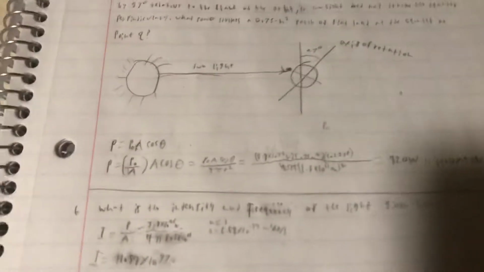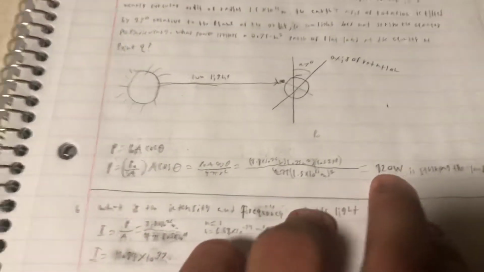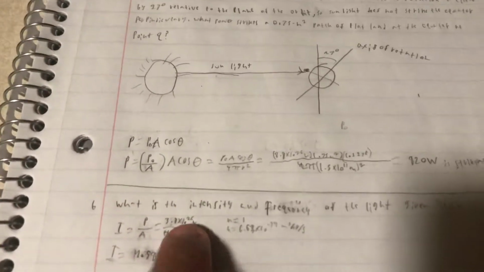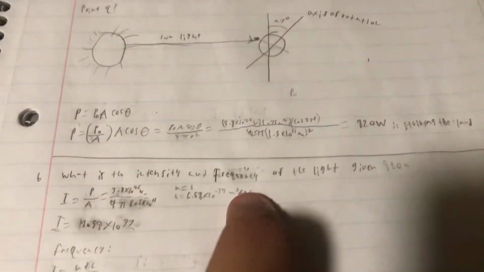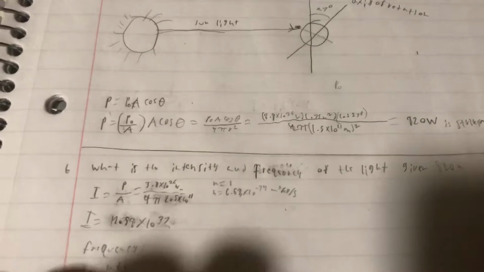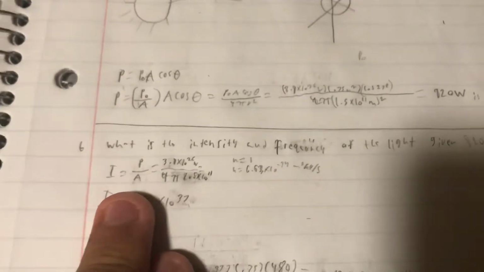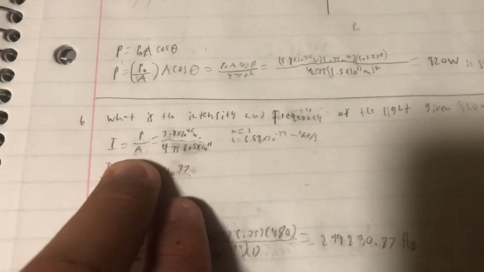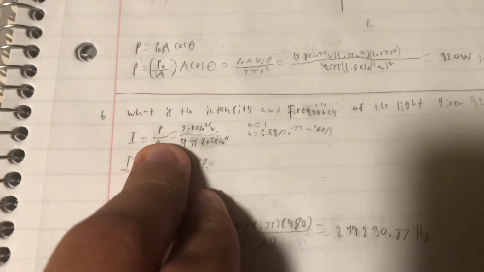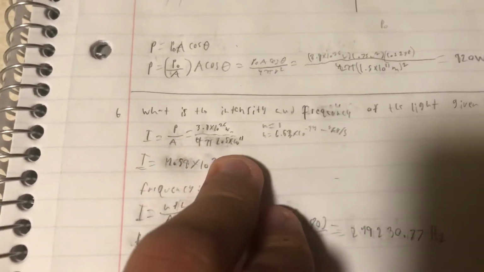Now, what I did after this is I wanted to see, given that power, what is the intensity and the frequency of the light that is hitting that area of the planet. To find the intensity, we simply take the power that is radiated from the sun and divide that by the area.